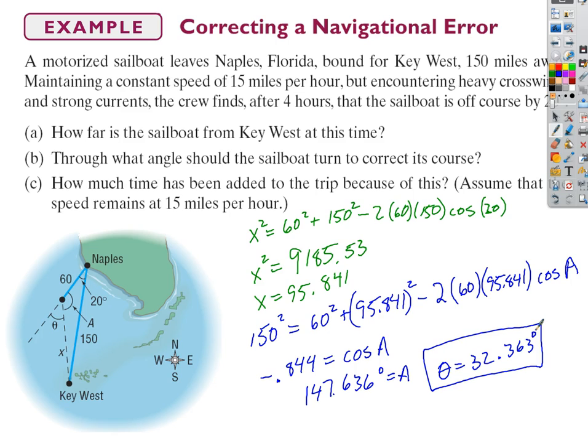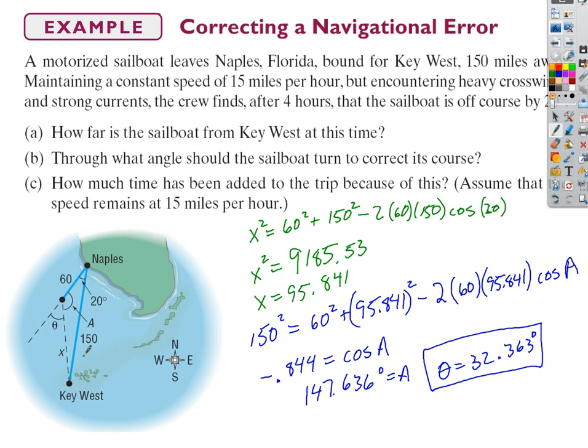Part C says, how much time has been added to the trip because of this? Assume that the speed remains at 15 miles an hour. So here's what you have to figure out: how much was the trip supposed to take originally?